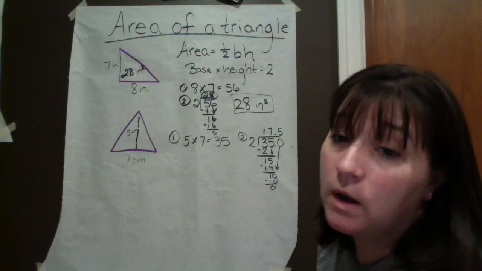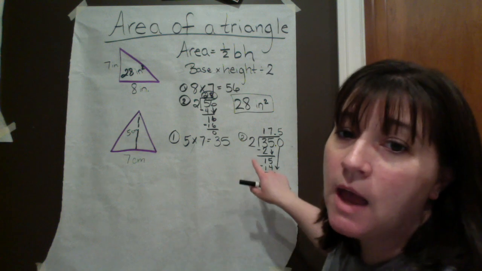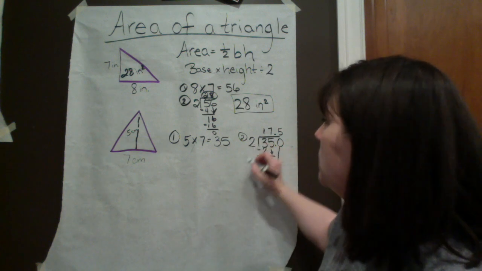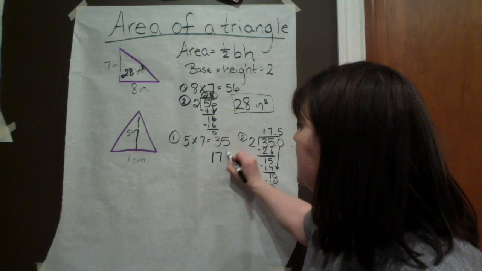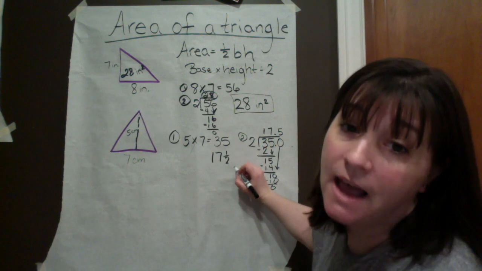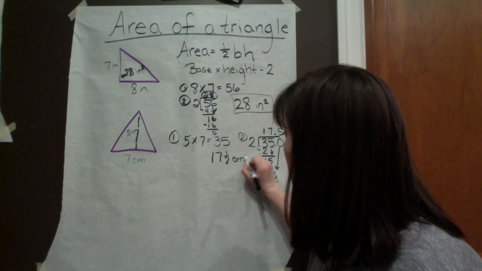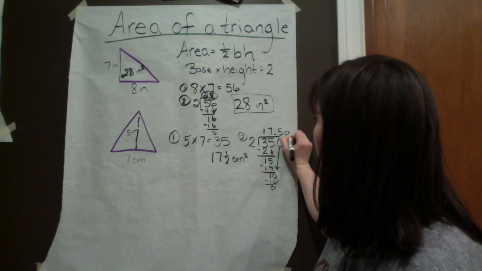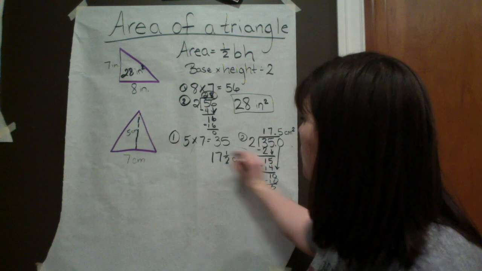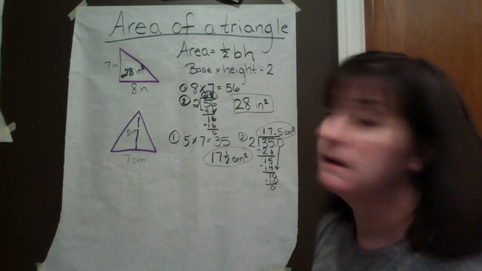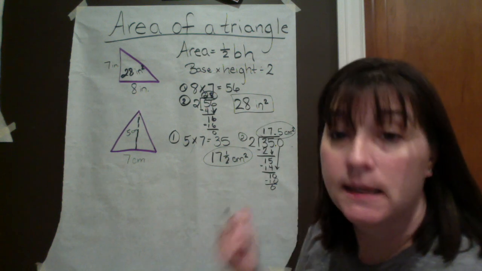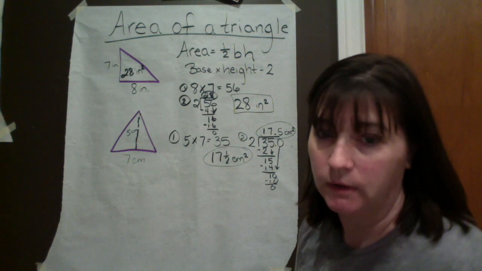Or if I had wanted to, I didn't make a decimal, I could have made this a mixed number and I could have made it 17 and a half square, and this time I got centimeters, square centimeters. So either way, I can either write it as a mixed number or I can write it as a decimal number.